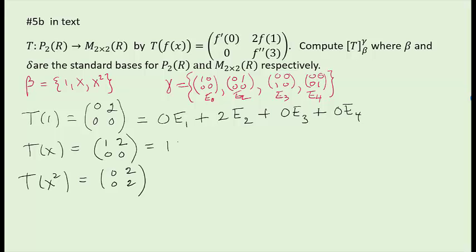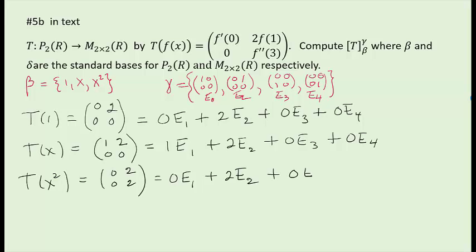The second one, I have 1E1 plus 2E2 plus 0E3 and 0E4. The third one is 0E1 plus 2E2 plus 0E3 plus 2E4. So now we have the column vectors.